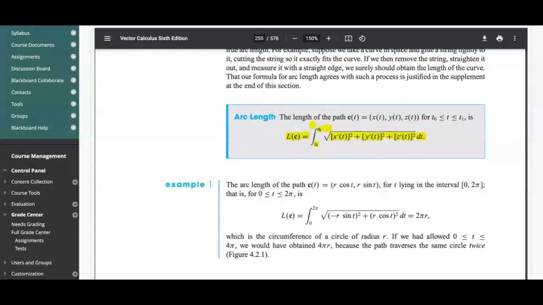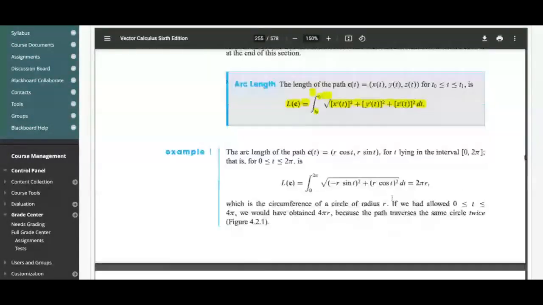What is the magnitude of c prime of t? It's x prime square plus y prime square. If you draw a picture of it, that's applying the Pythagorean theorem once, then plus z prime of t squared. So apply the Pythagorean theorem again.